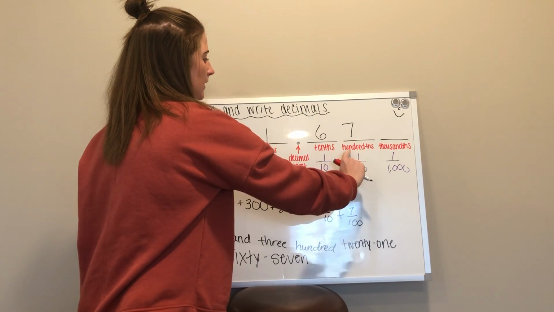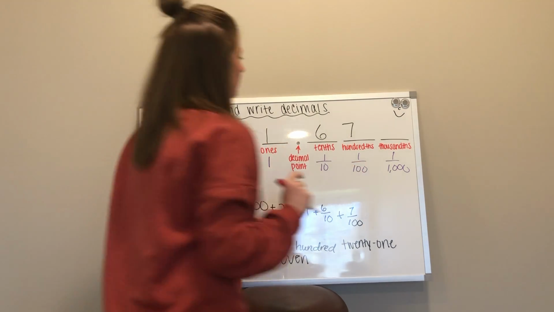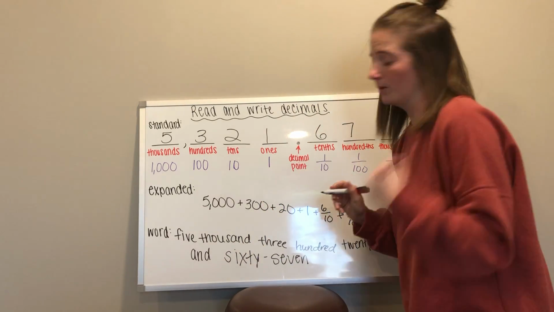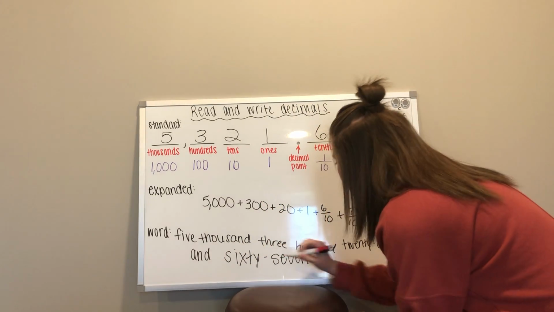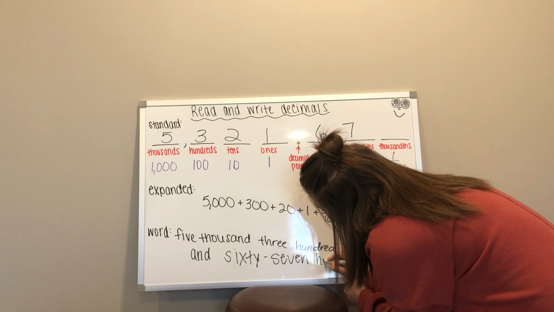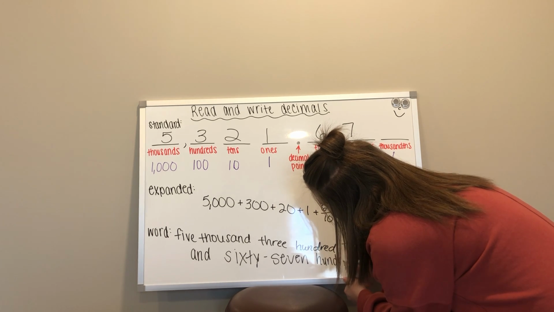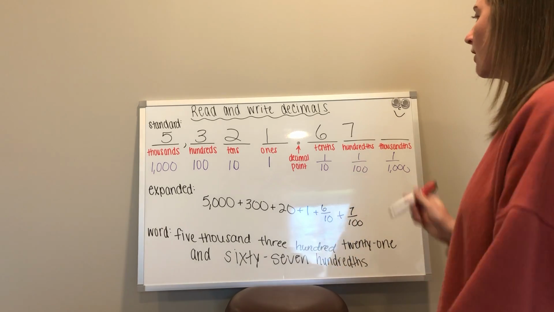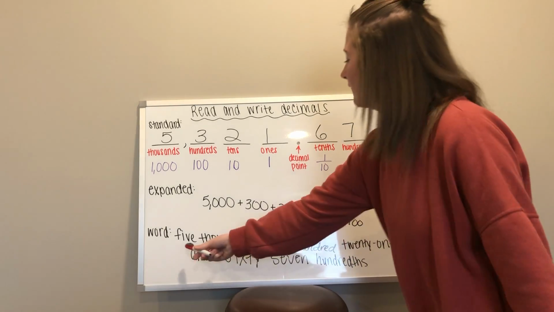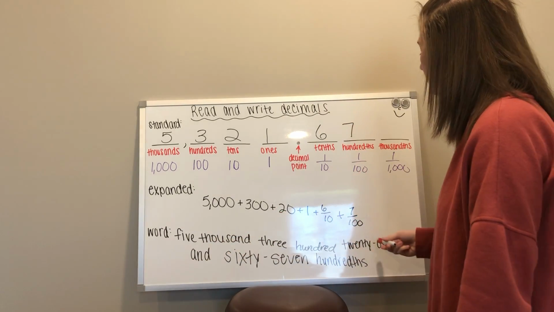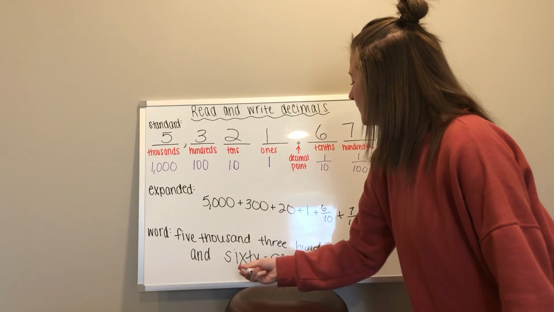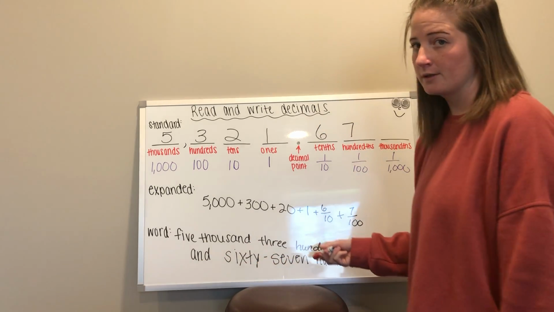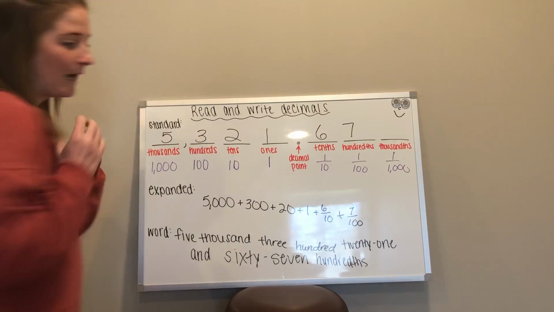Our 7 is in the hundredths place, so that's going to be the last word that we put in there. So it will be 67 hundredths. Sorry that my handwriting is sloppy. Okay, so this in word form is 5,321 and 67 hundredths.